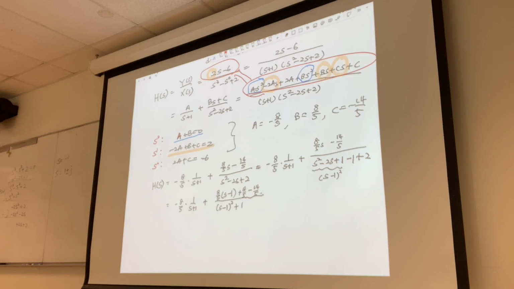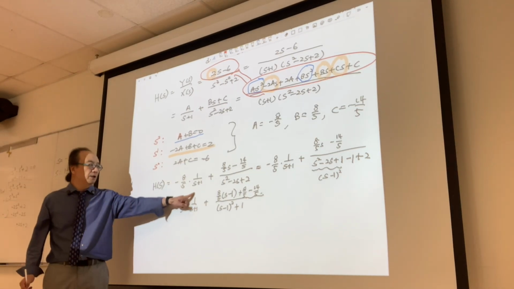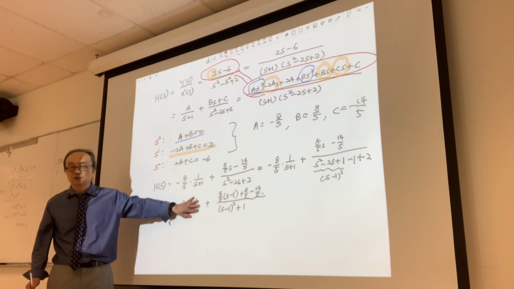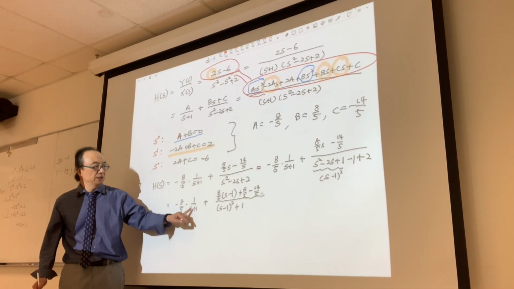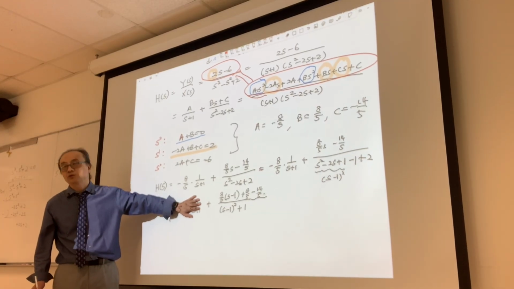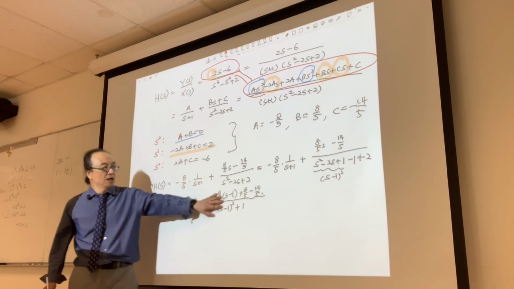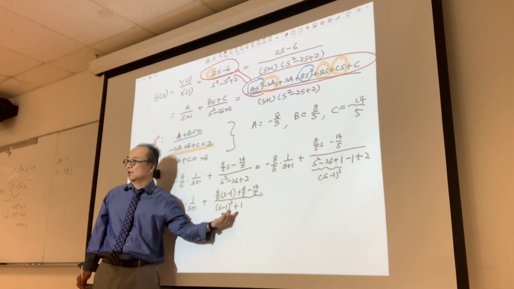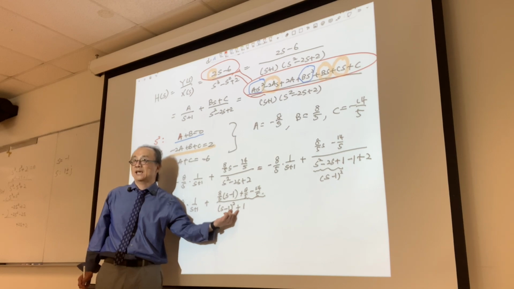The first term is going to be e to the negative t, isn't it? This one is easy, so we don't have to worry about it. E to the negative t times this, that's the answer in the t domain when you take the inverse Laplace transform. However, for this, we have to use sine and cosine. We had one example last time in case 3.